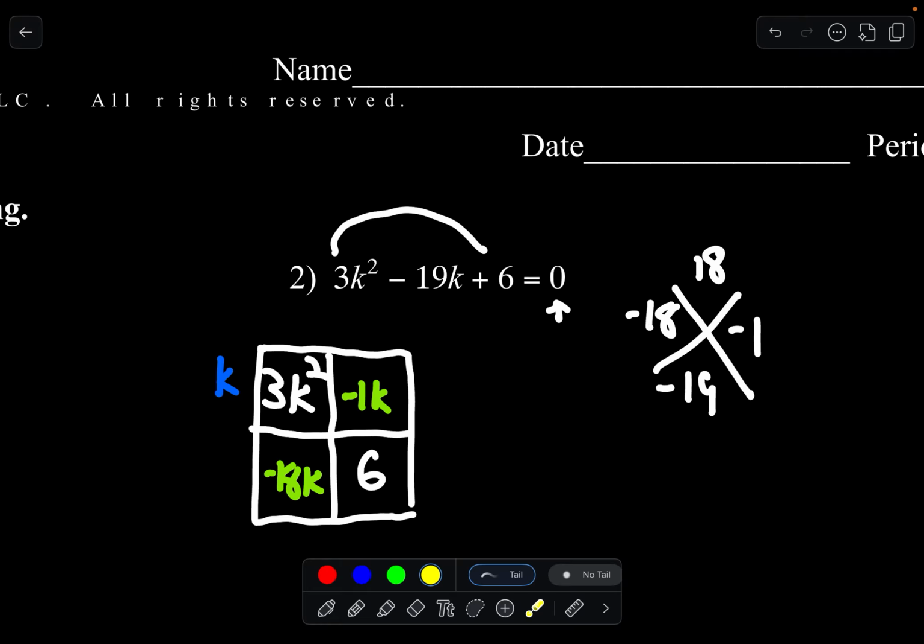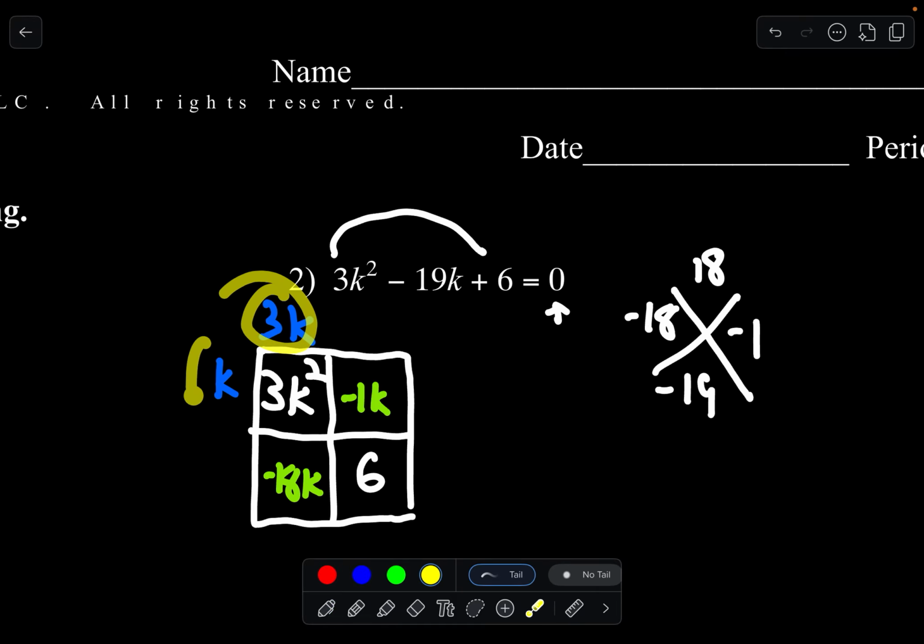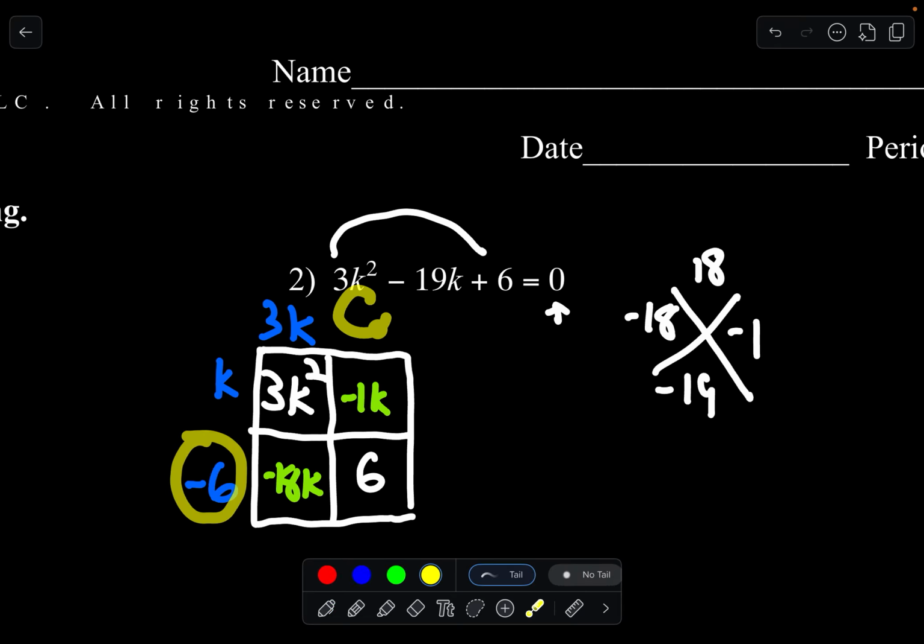What do we have to multiply k by to give us 3k squared? That's going to be 3k. So 3k times k gives me 3k squared. You can then ask 3k times what gives you negative 18k, and that's going to be negative 6. And then negative 6 times what will give you positive 6, and that's going to be negative 1.